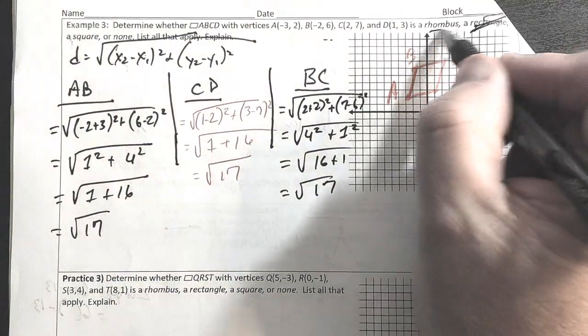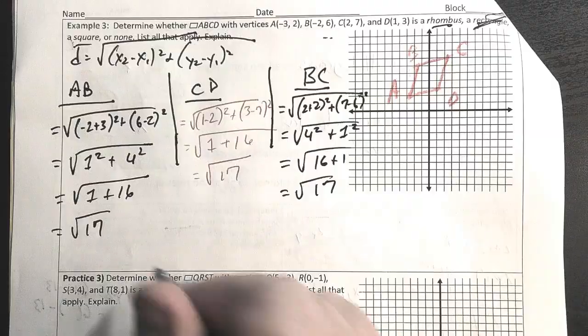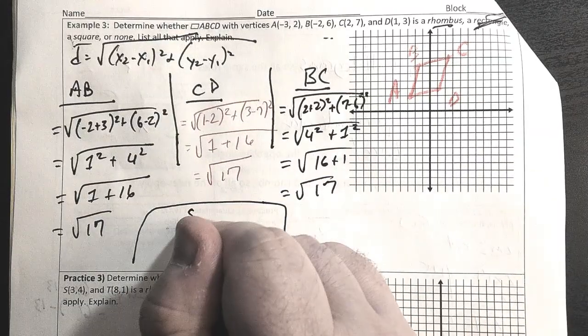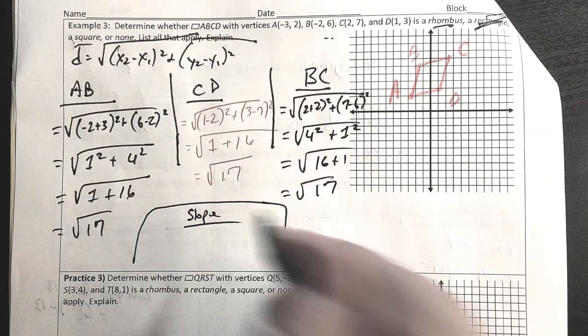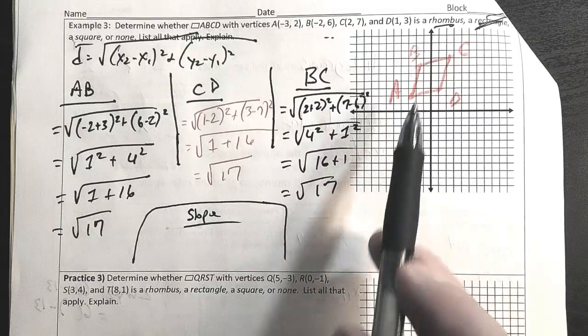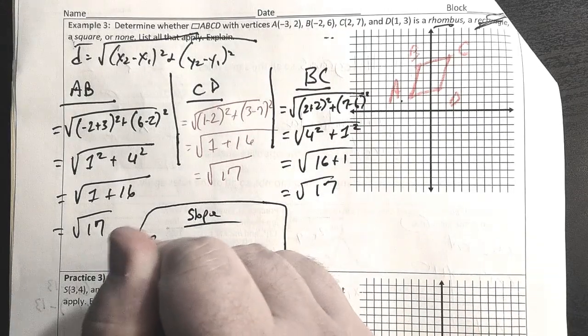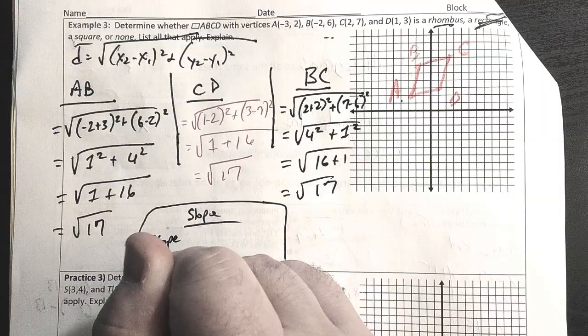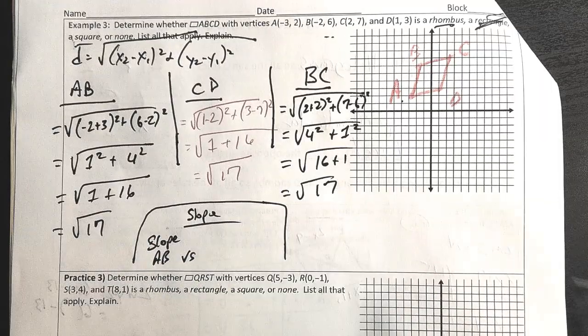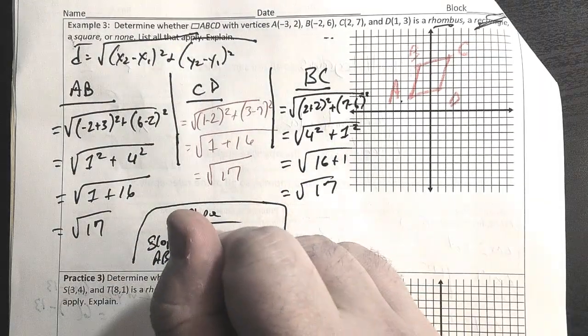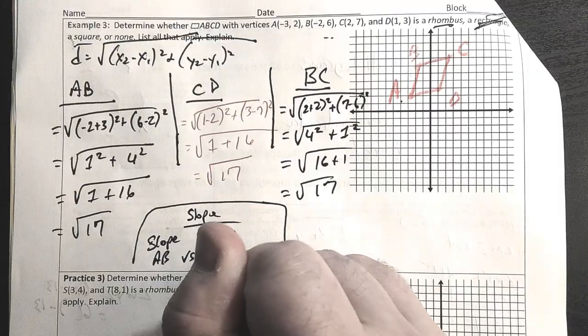So let's see, rhombus and square. The difference is, we're going to check slope. And we only really have to check it for one side. We're going to go AB versus AD. So the slope for AB versus the slope for AD.